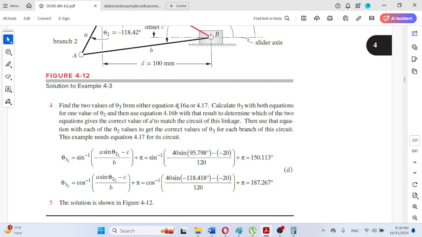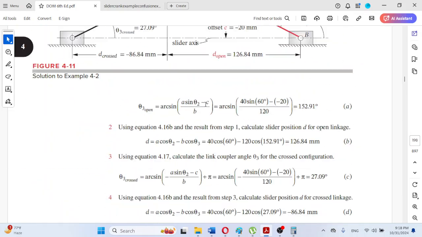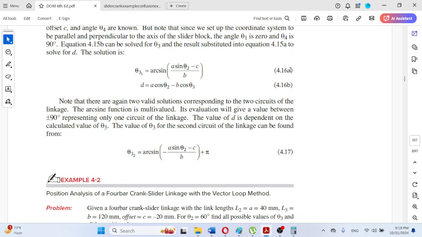If we go backward to the previous article, these equations were derived there. Equation 4.16a gives the connecting rod position for theta 1 value, and equation 4.17 gives the connecting rod position for the cross loop, or the second circuit.